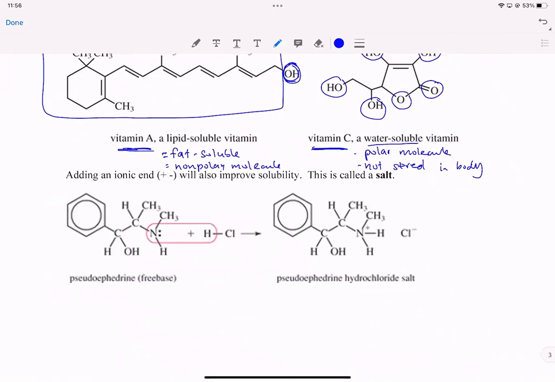Another way to improve solubility is to add an ionic end. Now we saw that with the soap molecule. So the soap molecule has the nonpolar tail and the ionic end, and that's added through the saponification reaction.